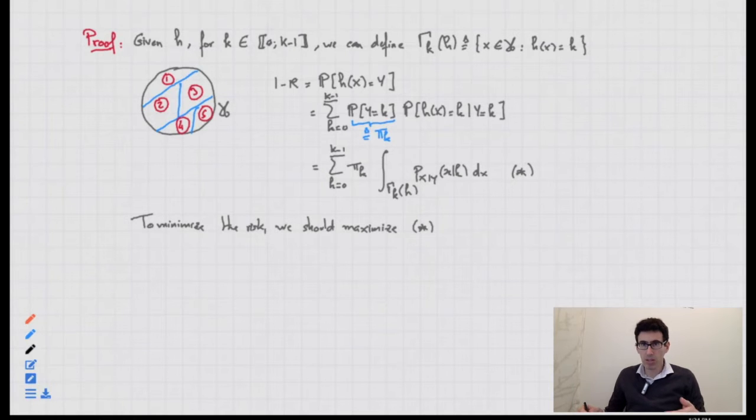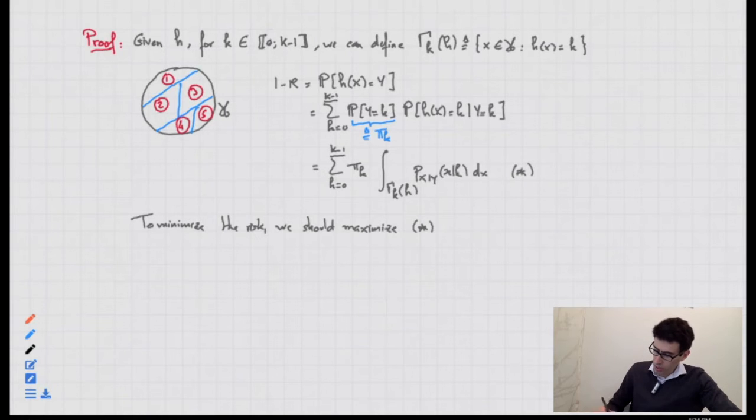So let's think about it in the context of the equation star. What is the choice of gamma k of h that would guarantee that you get the maximum value of that equation star? Well, what I'm claiming is the following. I'm going to say that the optimal choice is to choose gamma k of h as follows.